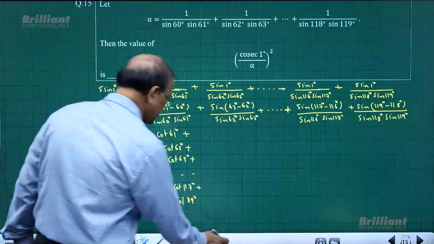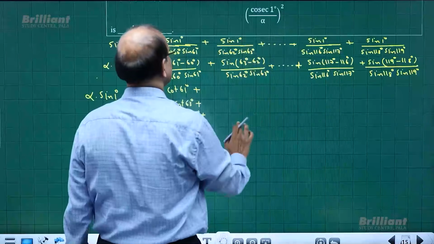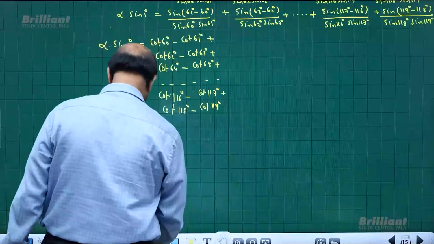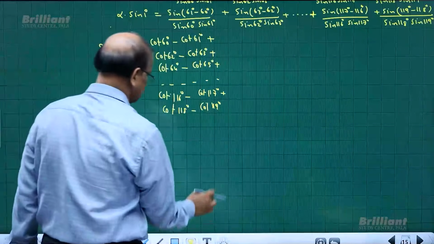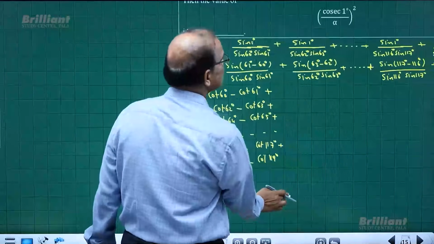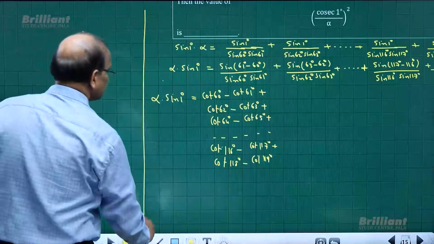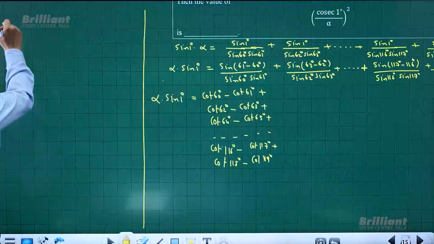Now we can write this as, right, as this asks, okay. So we can put here, can write here, alpha into sin 1 degree.